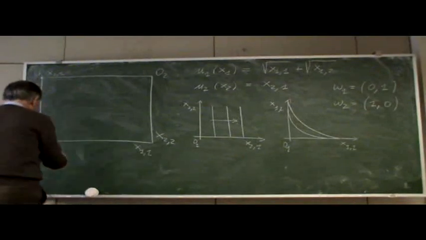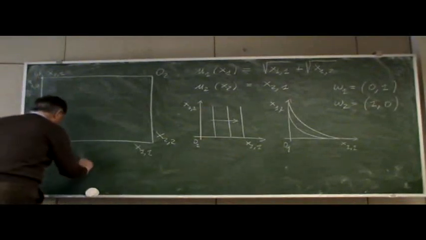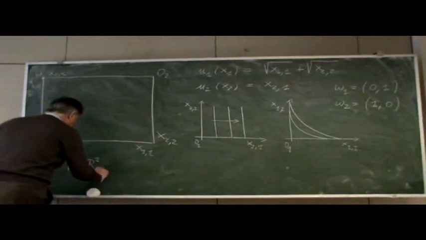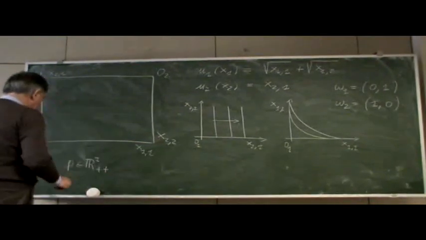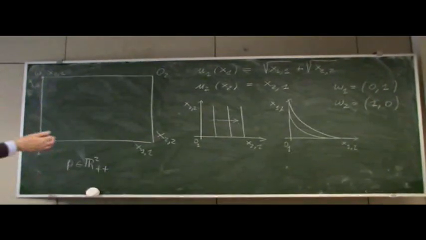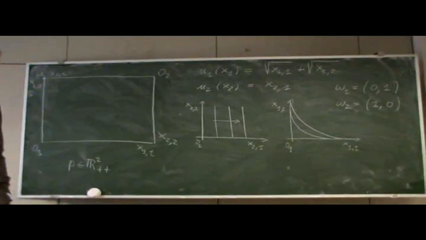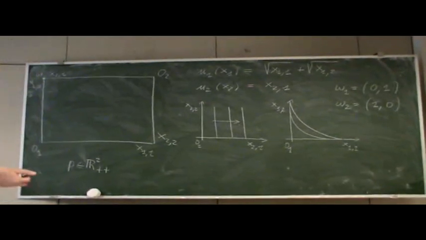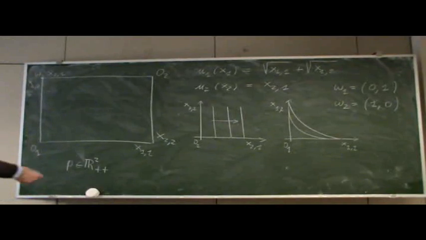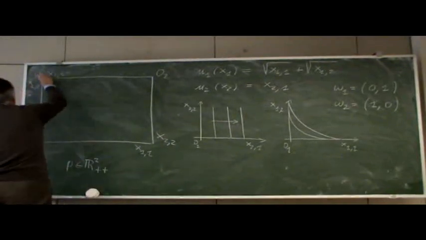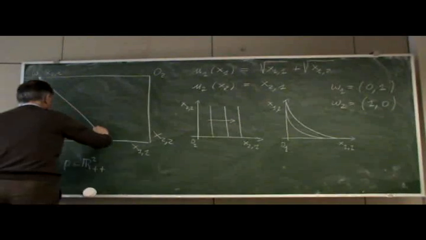Now, let us take any price system with all positive components, a point in R2, the positive orthant of a two-dimensional Euclidean space. So you have a common budget line like this.